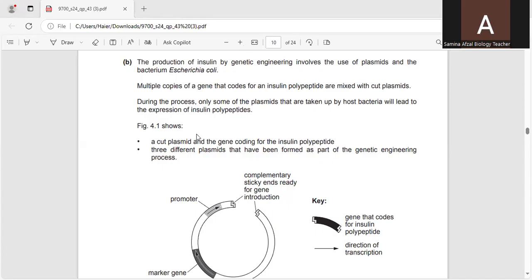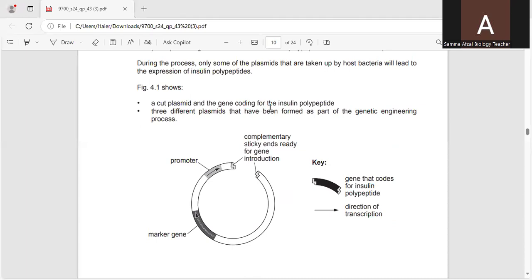The figure shows a cut plasmid and the gene coding for the insulin polypeptide, and three different plasmids that have been formed as part of the genetic engineering. Here you can see the promoter gene, the marker gene, and complementary sticky ends ready for gene introduction. And in the key, the gene that codes for the insulin polypeptide. The direction of transcription is from left to right.